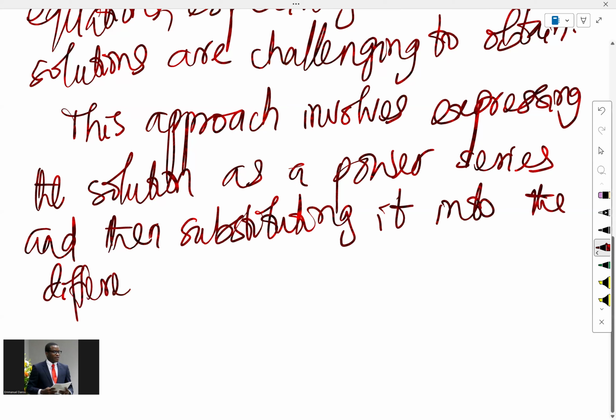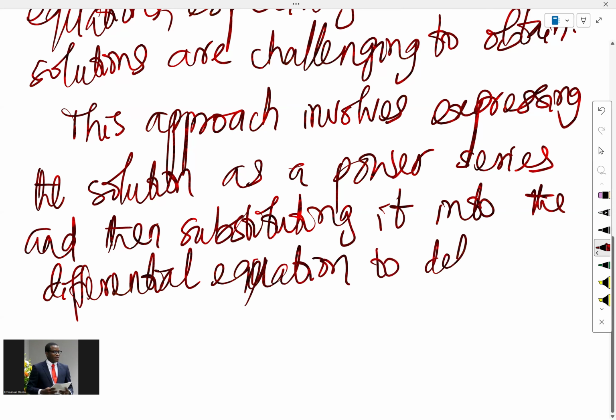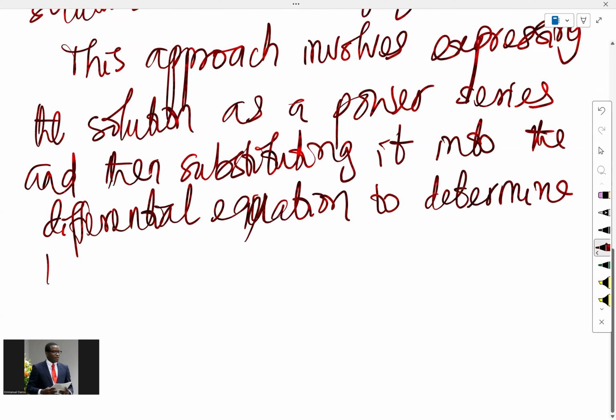That's the procedure. Substituting it into the differential equation to determine the coefficients.